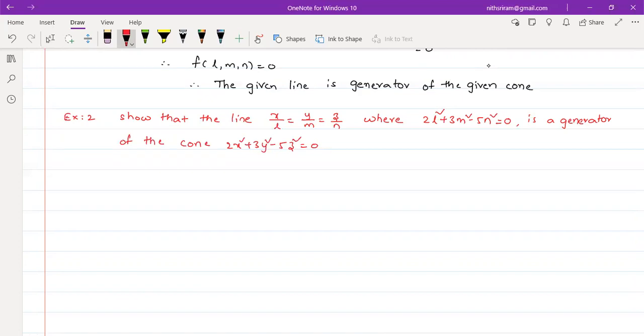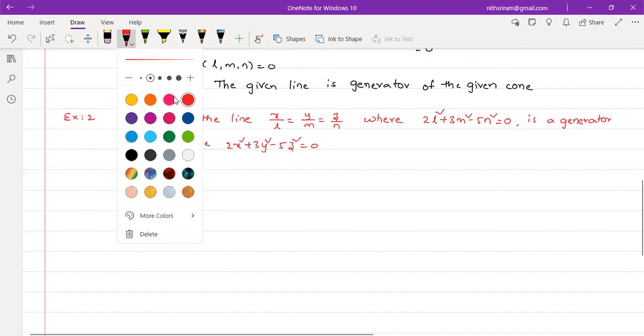So once again the same kind of example. We have to prove that the given line is a generator of the cone.